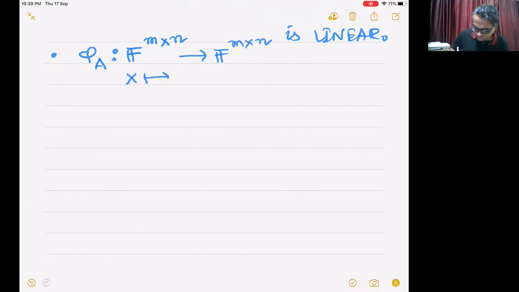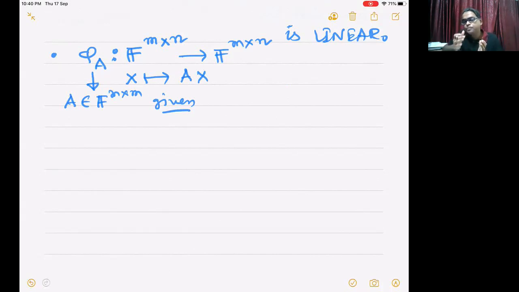X is sent to A times X, where A is already a given m cross m matrix. Somebody gives you a matrix like this, and I can define a linear map like that. You can check that this is a linear map, but it is a linear map from the vector space of matrices to itself. So this X is no longer an n-tuple. It's a matrix, but this mapping will still satisfy all the properties of a linear map, as we have seen that this is indeed a vector space. And this phi_A now defines a linear map.